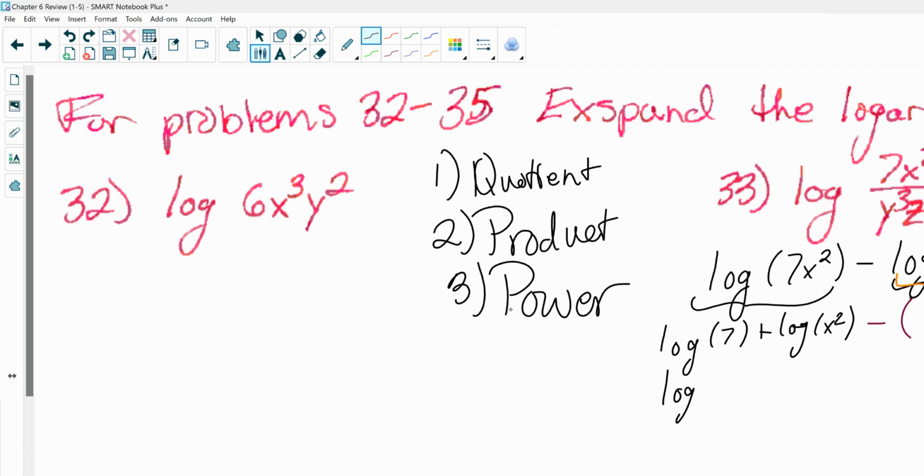So it'd be log of 7 plus log of x squared. But this log of y to the third would be negative, and so would the z squared. That's why they're both negative.